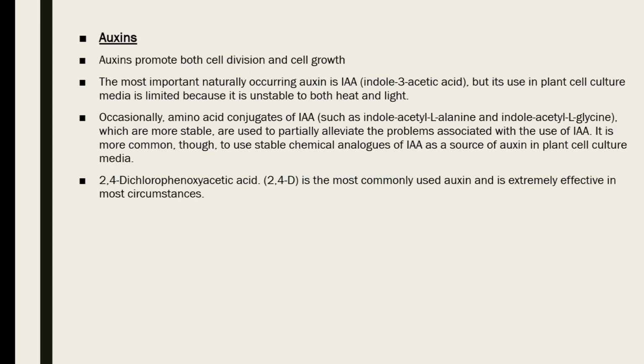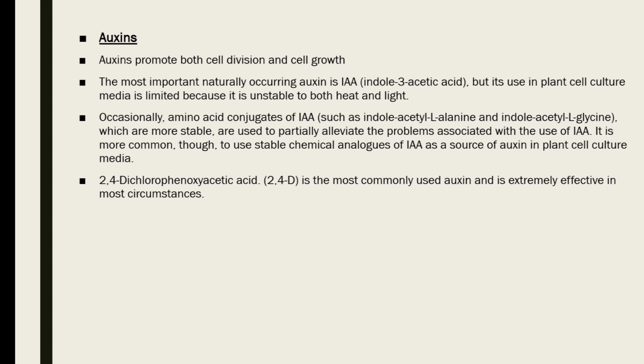Auxins. Auxins promote both cell division and cell growth. The most important naturally occurring auxin is IAA, indole 3-acetic acid, but its use in plant cell culture media is limited because it is unstable to both heat and light. Occasionally, amino acid conjugates of IAA, such as indole acetyl L-alanine and indole acetyl L-glycine, which are more stable, are used to partially alleviate the problems associated with the use of IAA.